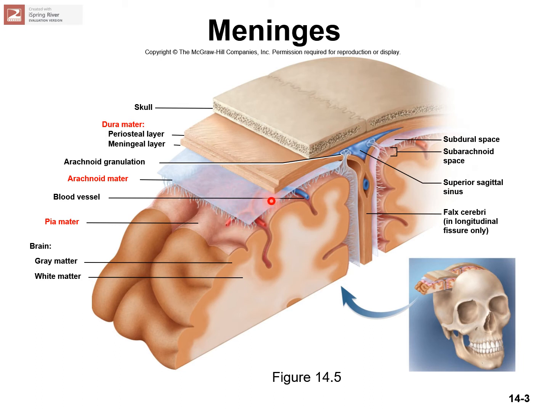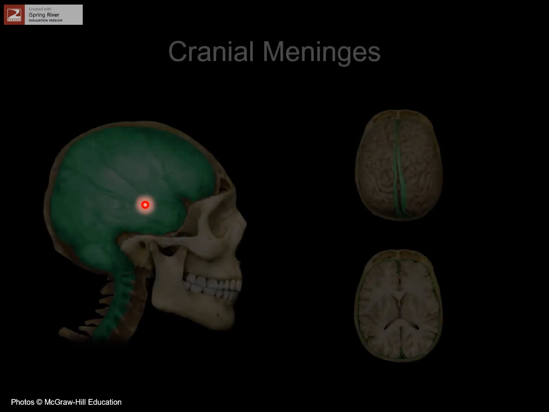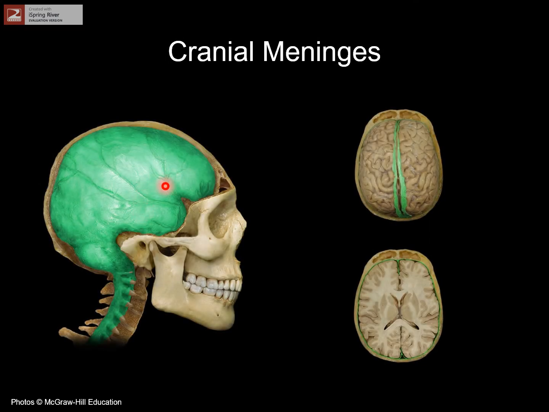Now, of the 3 layers, the meningeal layer is the layer that is continuous with the spinal cord, and obviously the other layers are also present in the spinal cord, but the periosteal layer does not continue into the spinal cord. Now you see this image over here. The images shaded in green are the cranial meninges.